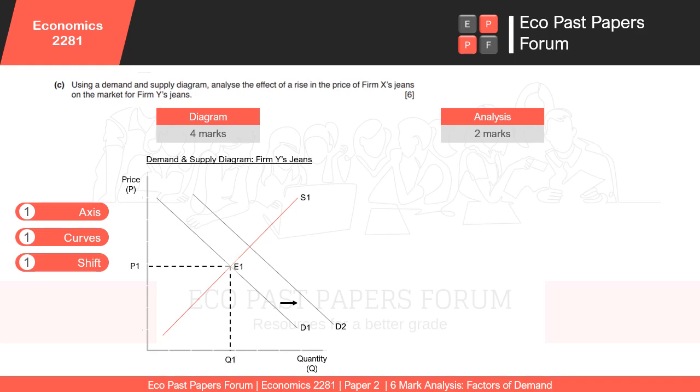If I get all the equilibrium points and the price and the quantity points correct, E1 and E2, which is going to be the next equilibrium point after there's a shift in the demand curve, and I correspondingly write the P2 and Q2, I get 1 mark for showing the correct equilibrium points.